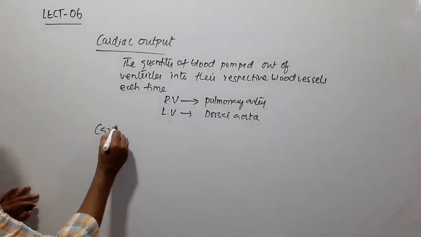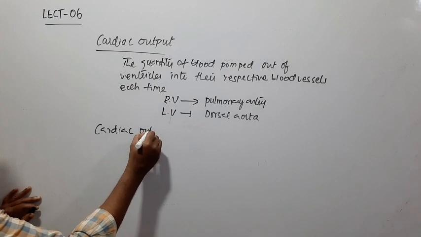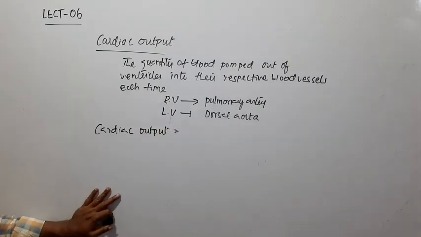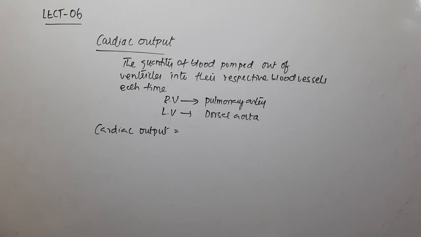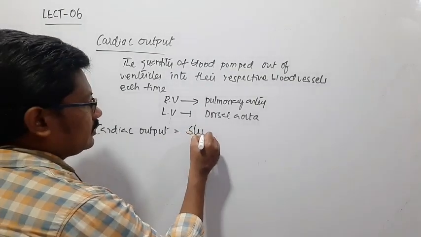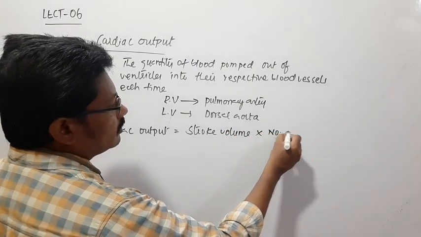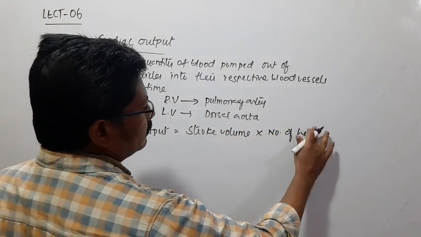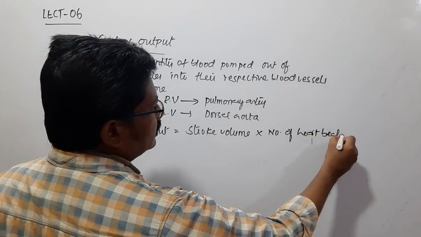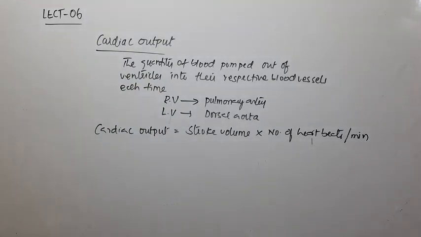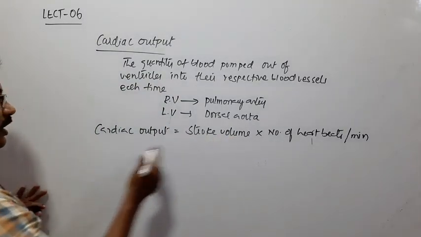Right. So now let's calculate this cardiac output. Cardiac output is calculated by taking the stroke volume and multiplying it with the number of heartbeats per minute. Now we need to know what the stroke volume actually is.